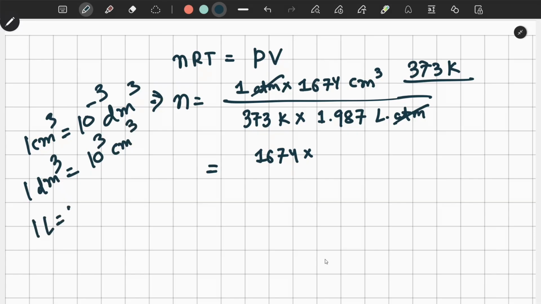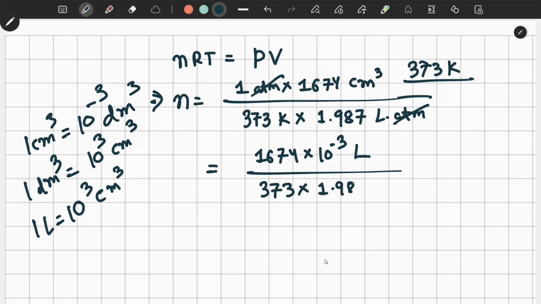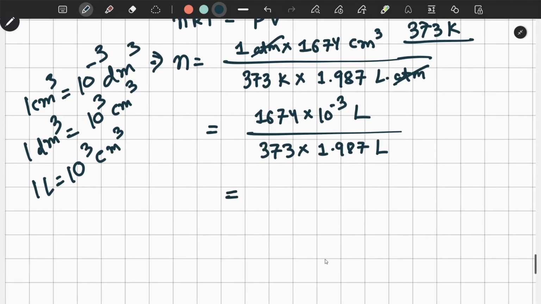So 1 liter is 10 to the power 3 centimeter cube, so here 10 to the power minus 3 liter. Okay, so this is the n. So this is not 1.